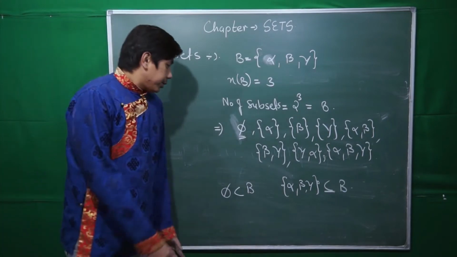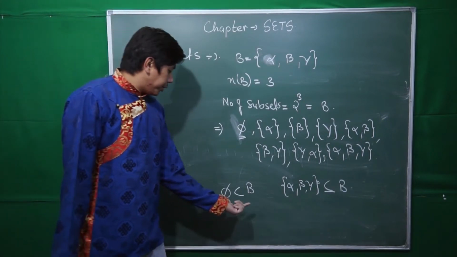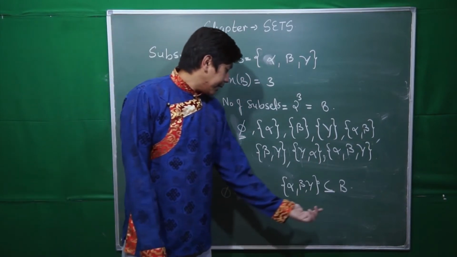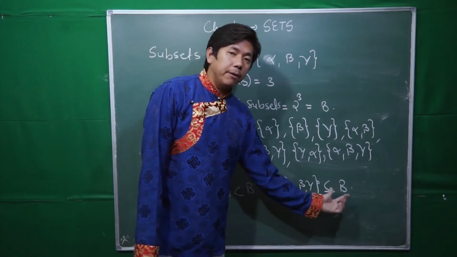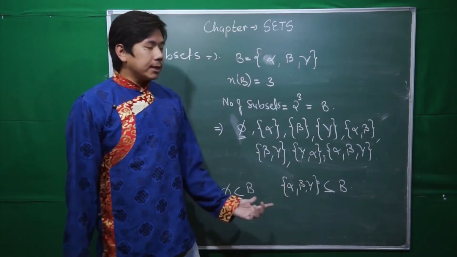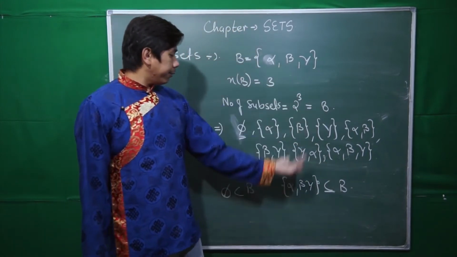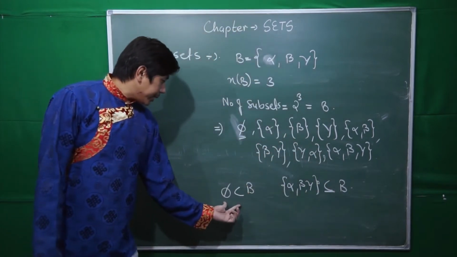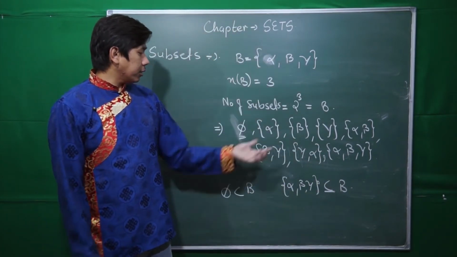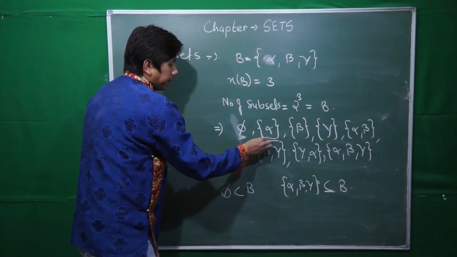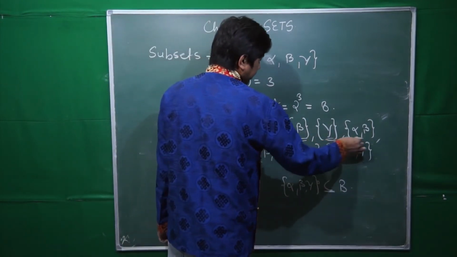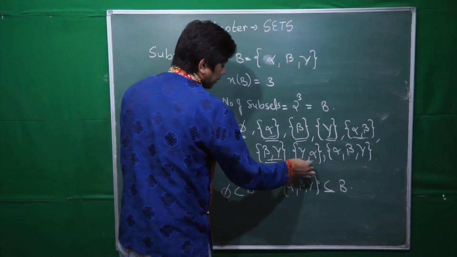So this being said, there are 2 conditions. First one is proper subset and second one is improper subset. Even though it is a subset, since all the elements are the same, it is an improper subset. It is a proper subset as long as all the elements are not the same. This is also a proper subset, this is also a proper subset, and same thing with these.